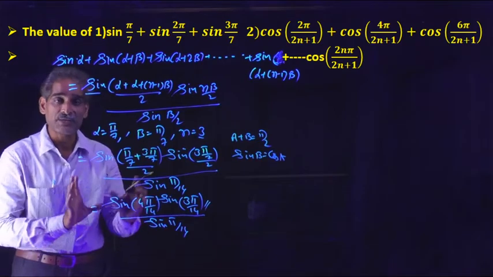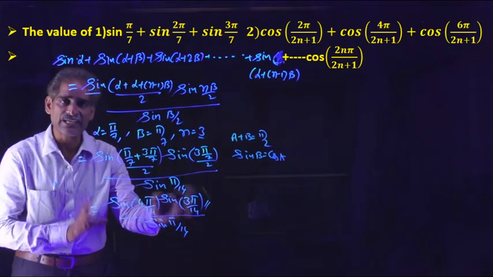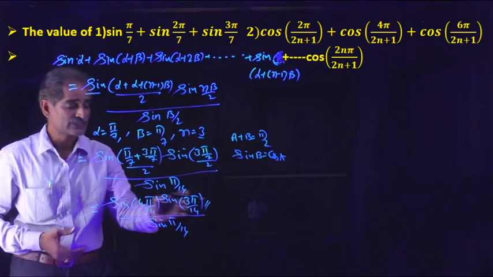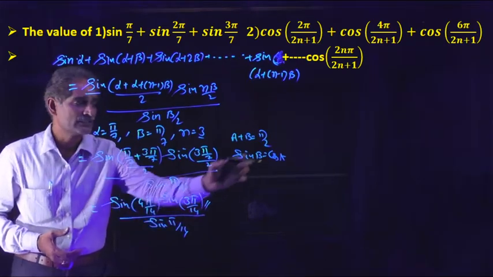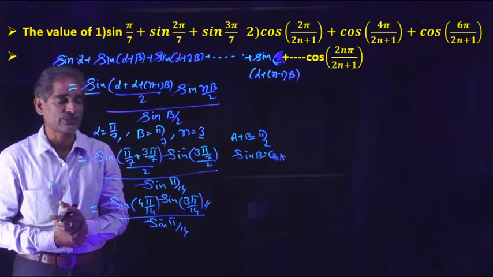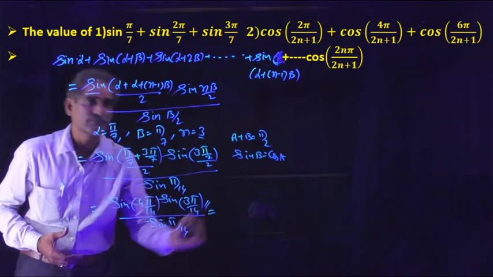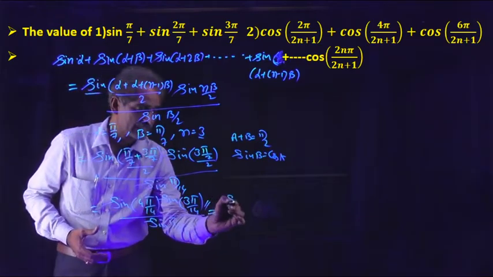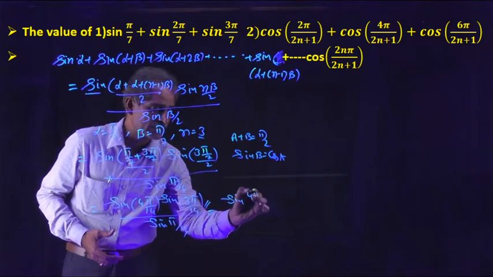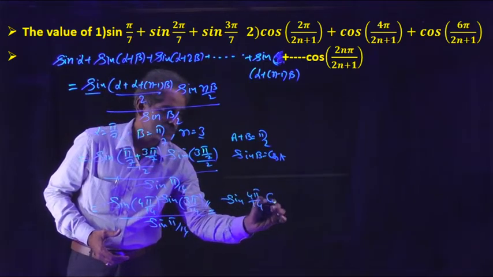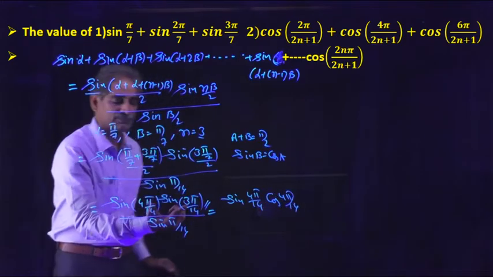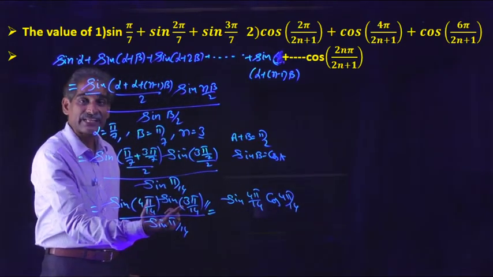So our aim is to write the same angle for both the functions. Then we will get a formula. Here sin 3 pi by 14 is nothing but cos 4 pi by 14. So here we can write sin 4 pi by 14 into cos 4 pi by 14, because the sum of these two angles is 90 degrees.